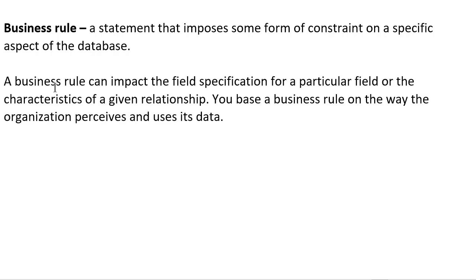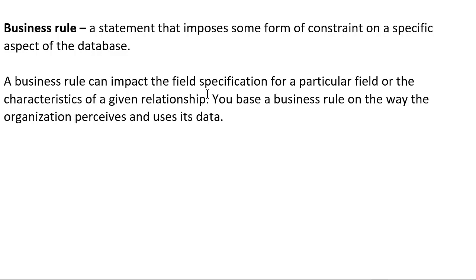So another way of saying that is a business rule can impact the field specification for a particular field or the characteristics of a given relationship. I gave an example of that in the past in terms of we don't want to let somebody register for a course unless they are admitted to the university. Well, that's a business rule. So how do you implement that in the database?